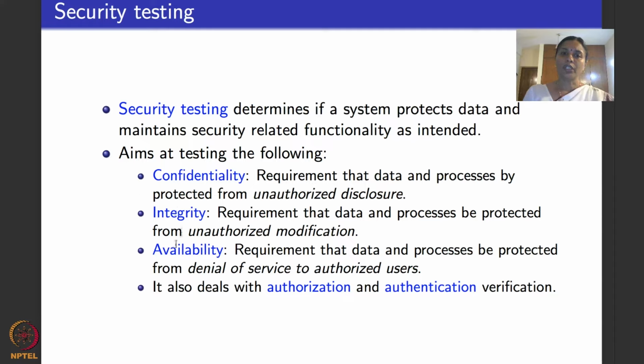So security testing tests for confidentiality, integrity, availability. It also deals with authorization and authentication validation. Authorization, to give you an example: typically, if something is available in private mode, then only the person who owns it is authorized to view it, but if something is made public, then everybody is authorized to view it.